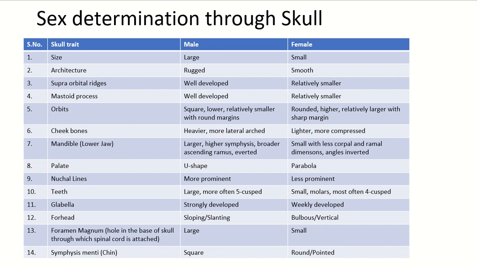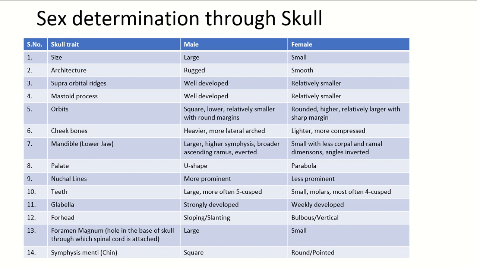The mandible or lower jaw is large with a higher symphysis, broader ascending ramus and everted angles in males, and small with less corporal and ramal dimension, angles inverted in females. The palate is U-shaped in males and parabolic in females.